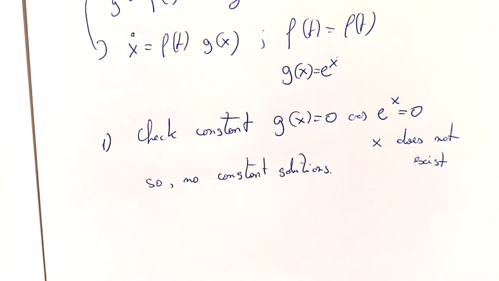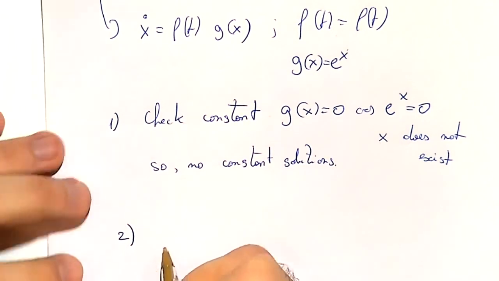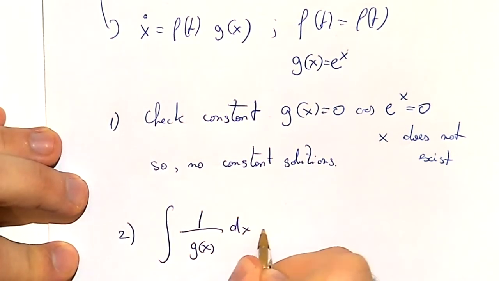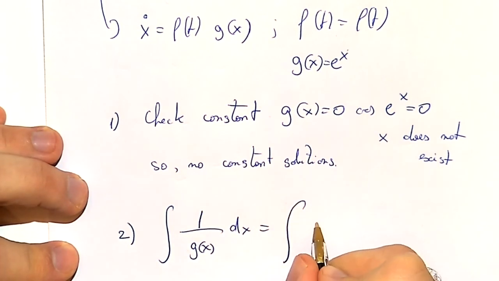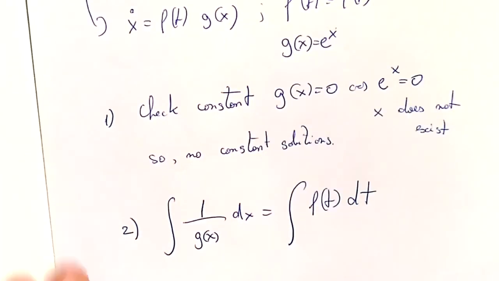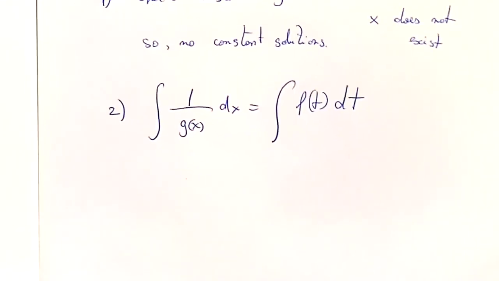Okay. And then in step 2, I actually use the formula. What's my formula? The integral of 1 over g of x dx is equal to the integral of f of t dt. You would imagine that after writing it so many times, I would actually remember it. Okay, cool.